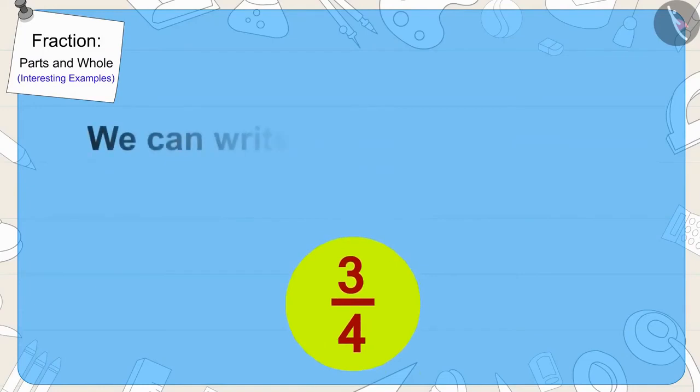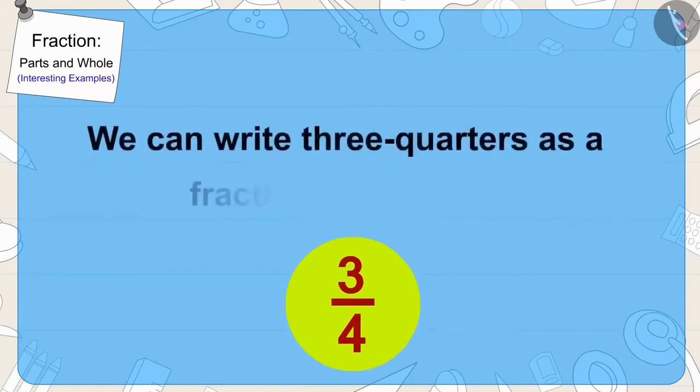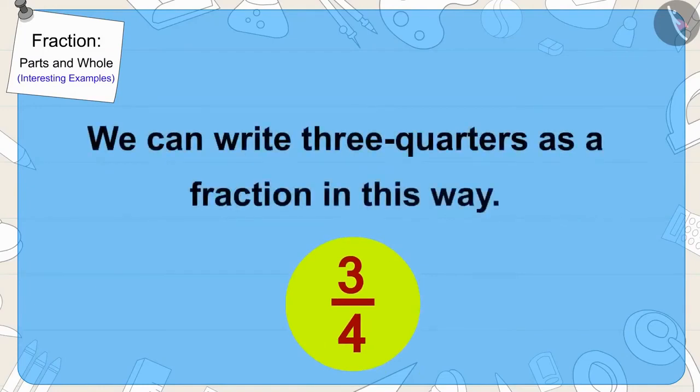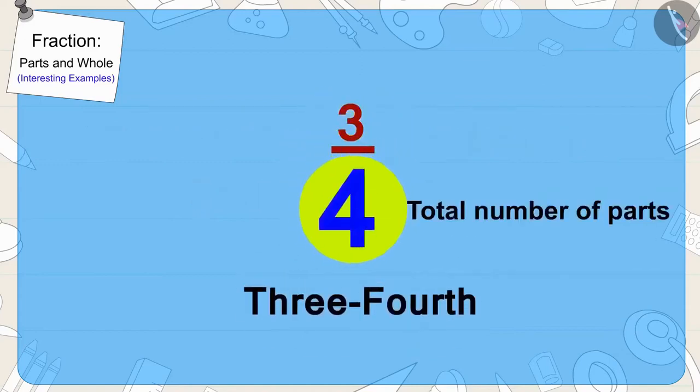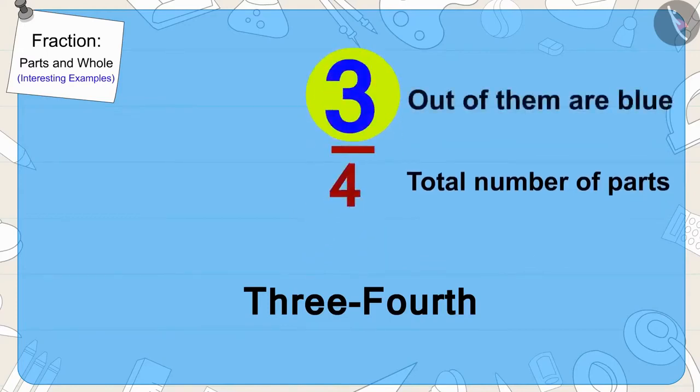Yes, we can write 3/4 as a fraction in this way. Children, do you remember that here the number 4 shows that our whole is divided into 4 equal parts, and 3 parts out of them are blue.